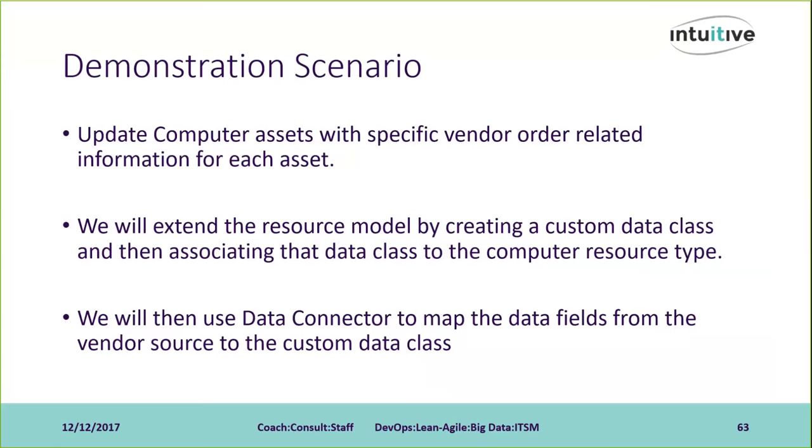We'll start out by extending the resource model and creating a custom data class to accommodate those specific attributes coming from the vendor. And then we'll associate that custom data class to a computer resource type. And we'll look at the mechanics behind actually using the data connector to map those data fields from the vendor source to the custom data class.